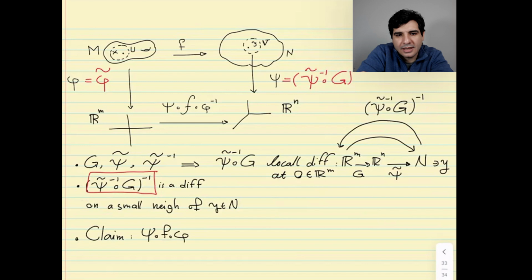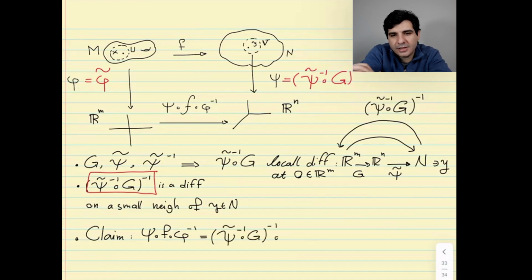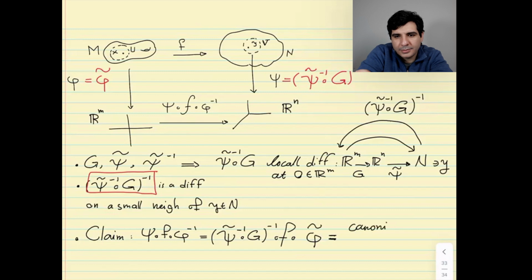The map defined by psi OF of phi inverse, which by the definition is psi tilde inverse OG inverse OF of phi tilde inverse, equals the canonical embedding. Or canonical immersion, they're essentially the same thing.